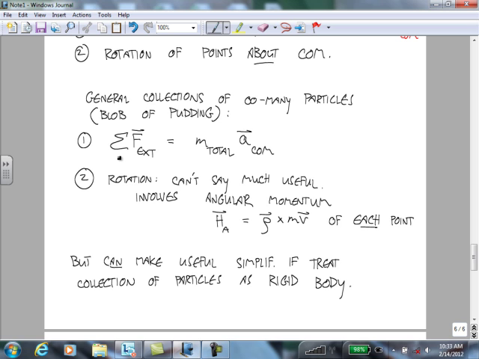Or possibly like what you do with people, the human body. Nothing's actually rigid, even the bones aren't. I mean, nothing in the world is actually rigid. But you treat an arm as a rigid body here, a rigid body here. You make that simplification as many times as you can while losing as little accuracy as you can. And then you apply the rules of rigid bodies.